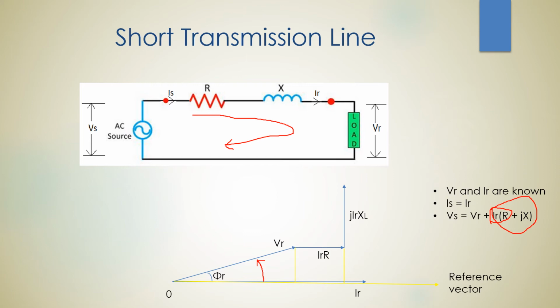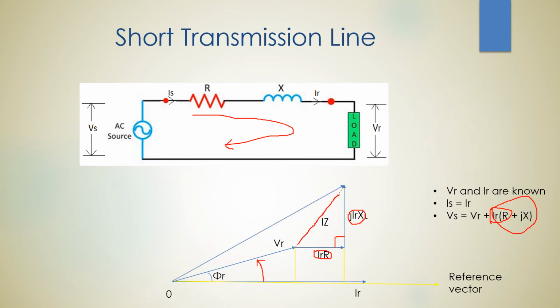You can say that this vector is perpendicular to this vector, and the angle between these two vectors is exactly 90 degrees. IR into R plus j IR into X is I into Z, because R plus jX is Z. So this is the I into Z vector.